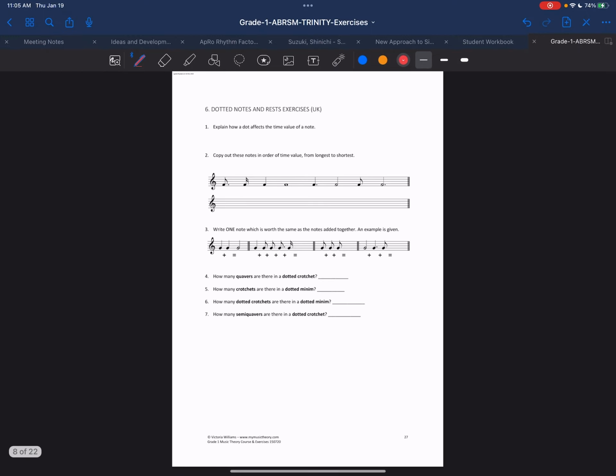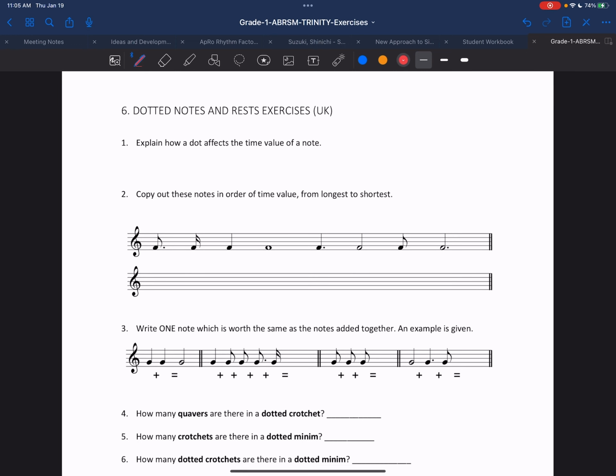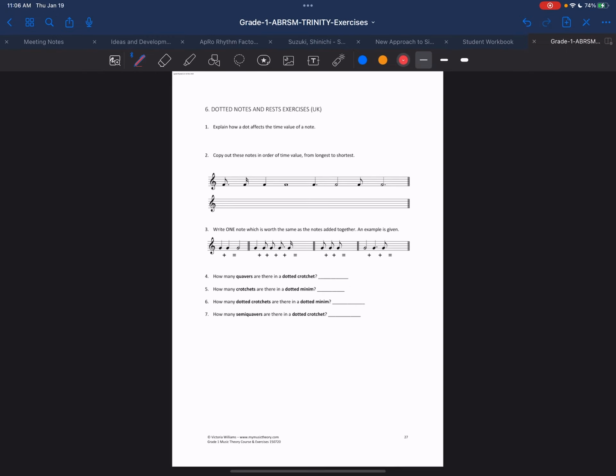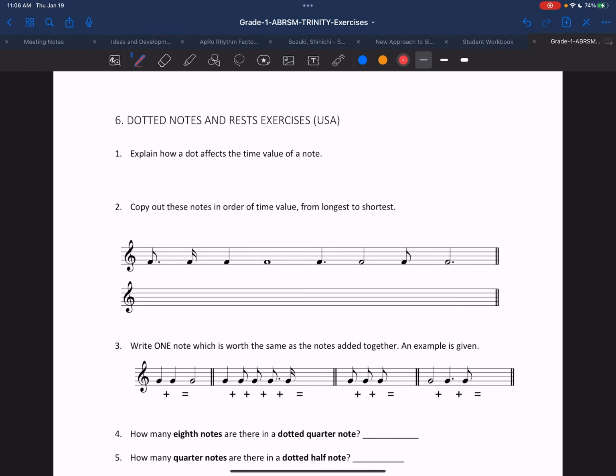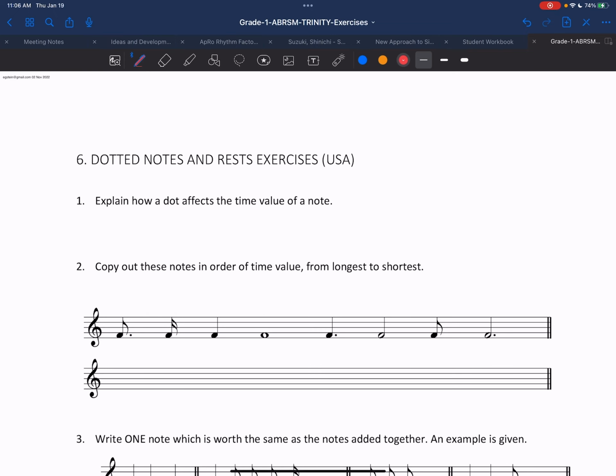Then we're going to move on and do our final exercise page of the dotted notes and rests. Again, we'll find the USA terms. Explain how a dot affects the time value of a note. We would say it increases the value by half or by 50%, however you want to say that.